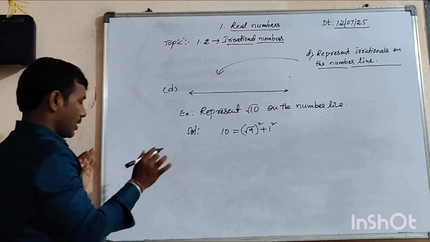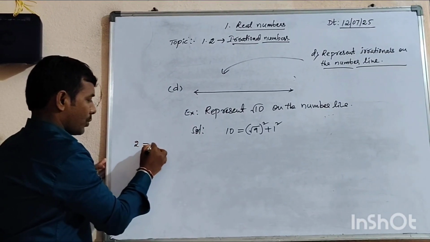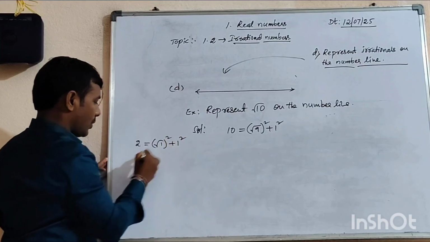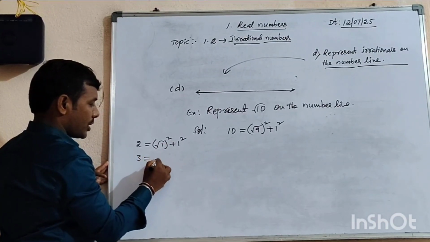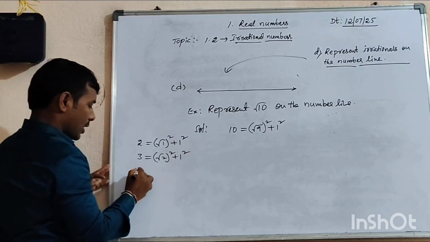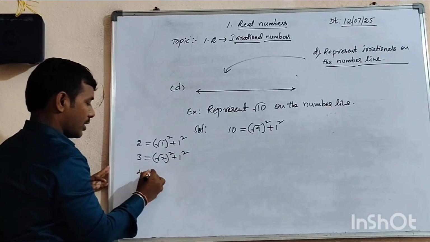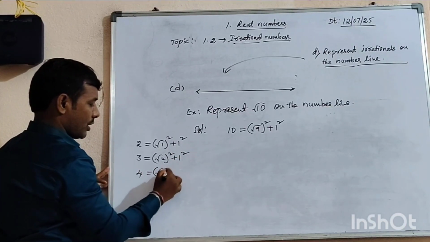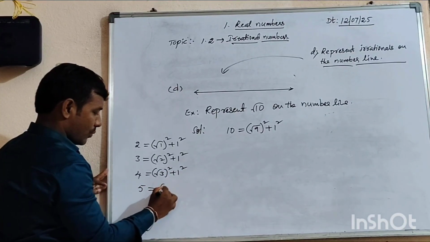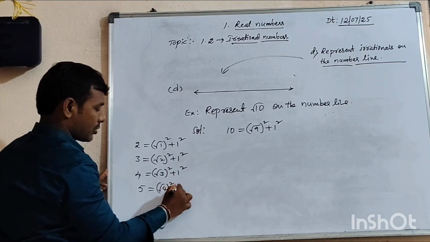For 2 we wrote square root of 1 whole square plus 1 square. If it is 3, how can we write? Square root of 2 whole square plus 1 square. If it is 4, square root of 3 whole square plus 1 square. If it is 5, square root of 4 whole square plus 1 square.